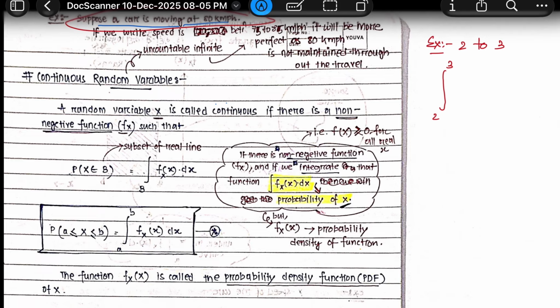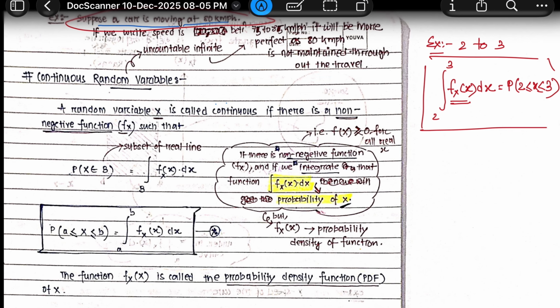If we put a function in that and integrate everything between 2 and 3 for that function, we get the probability for values in between 2 and 3. This is the context of this topic.